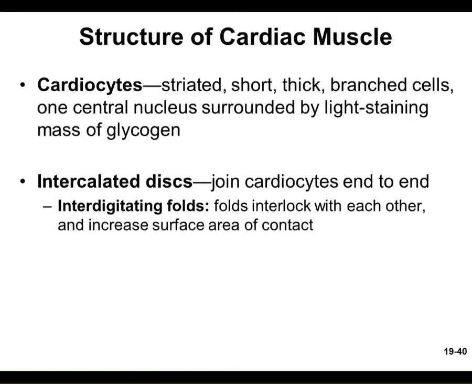You know, however, that the cells are shorter, that they're a little bit thicker, and they oftentimes have wide branches in their arrangement. Typically one nucleus, right? So remember, skeletal muscle is multinucleated. Occasionally you'll see a double nucleus, but typically single nucleus in the cardiocytes.